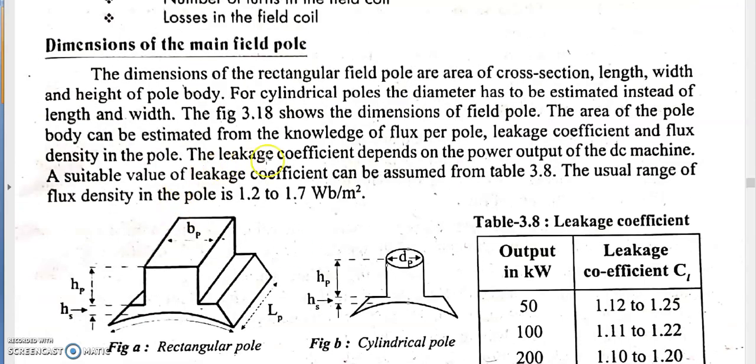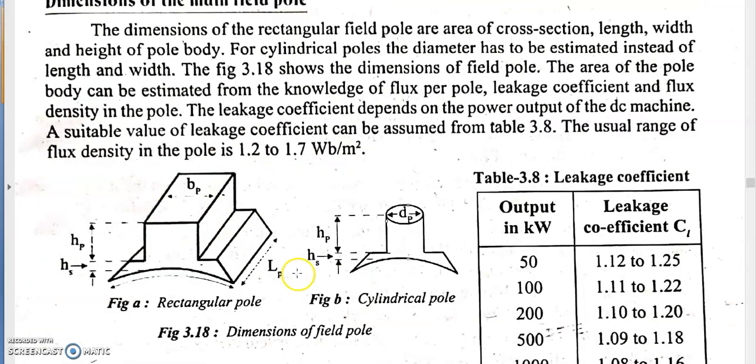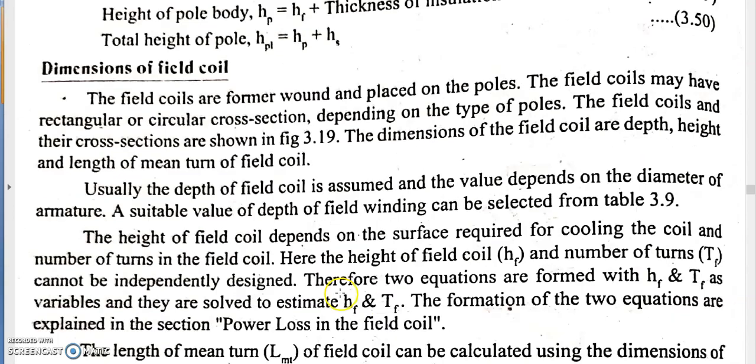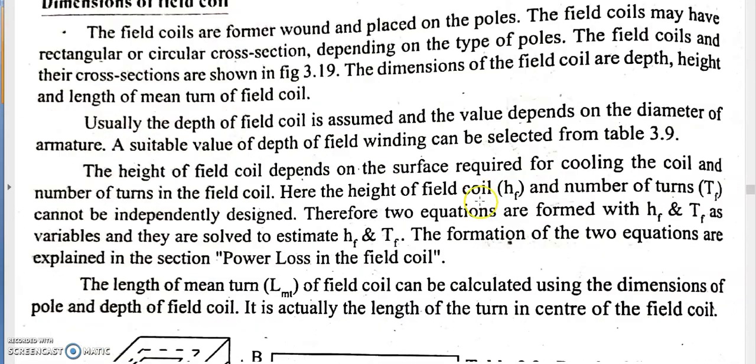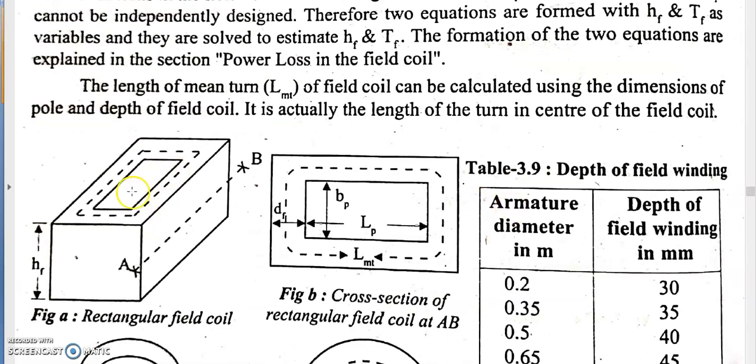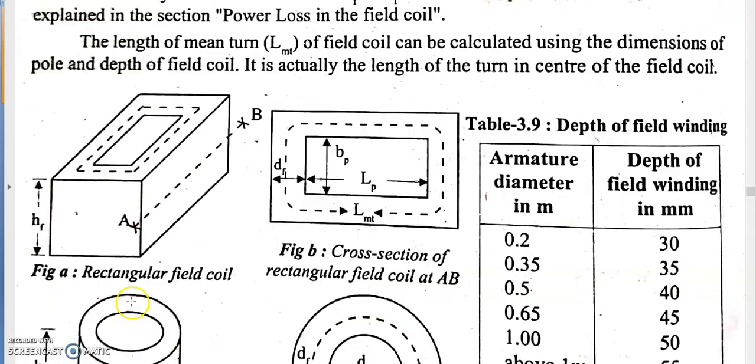So dimensions of the main field pole we have completed already. The dimensions of the field coil we are going to discuss now. And these two are the dimensions of the field coil used in DC machines. So this is the rectangular field coil system and this is the circular field coil system.